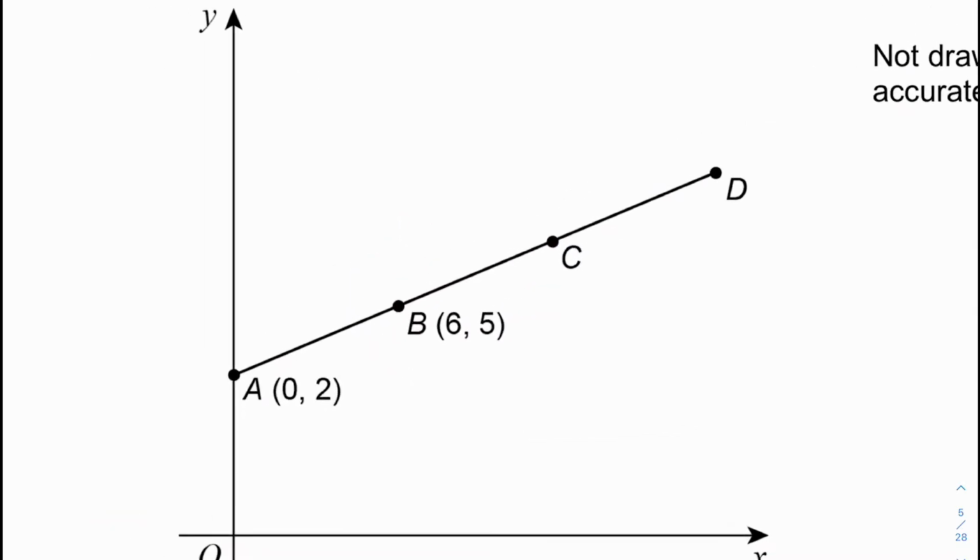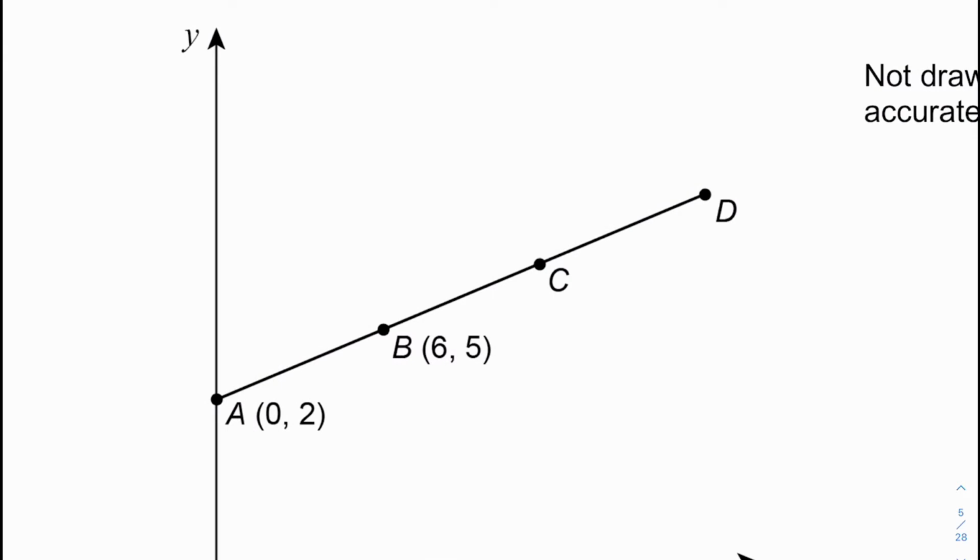So what we've got is, from A to B we have gone up, so the change in the y coordinates is 3, so we can say that, let's draw a little triangle, we can say this length is 3, and the change in our x coordinates from 0 to 6, we can say this is 6.